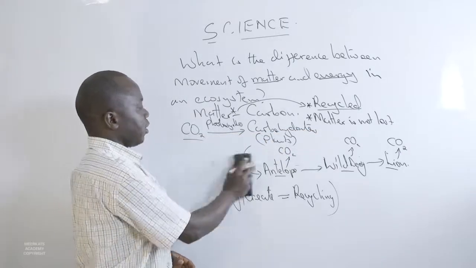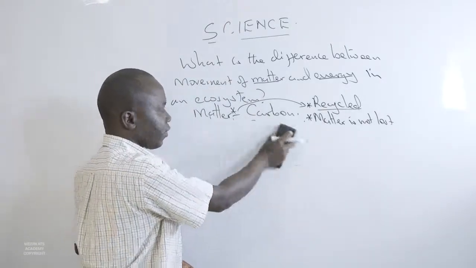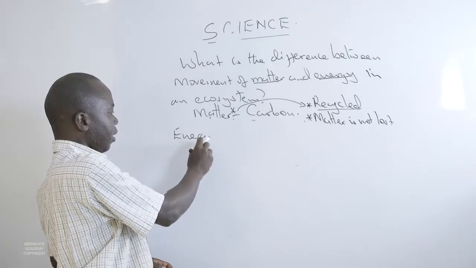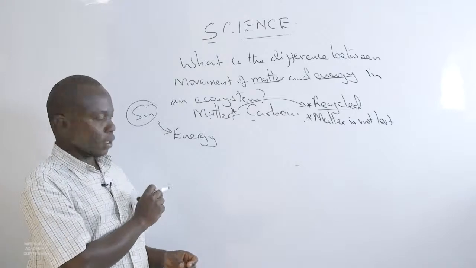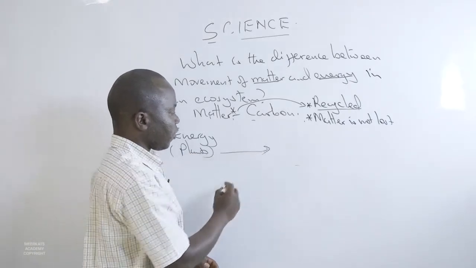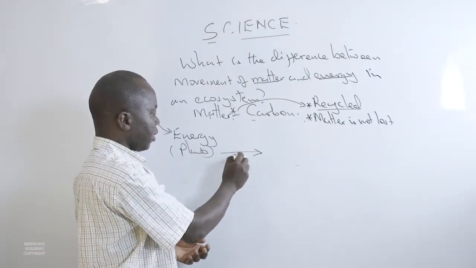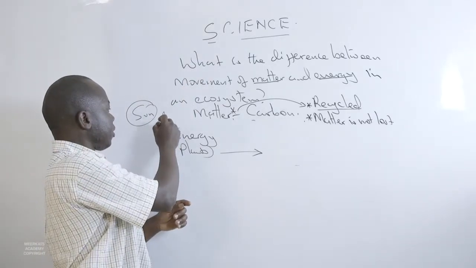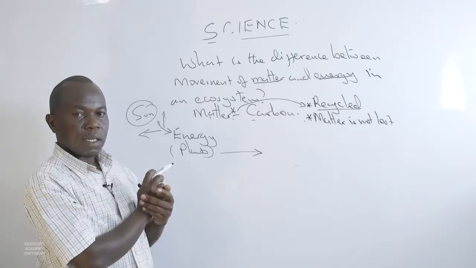But for energy, there is a slight difference. If we have energy from the sun, even the energy that reaches plants, that will be used for photosynthesis to manufacture carbohydrates, some of it is lost into the atmosphere. It will be lost through convection and sometimes radiation.